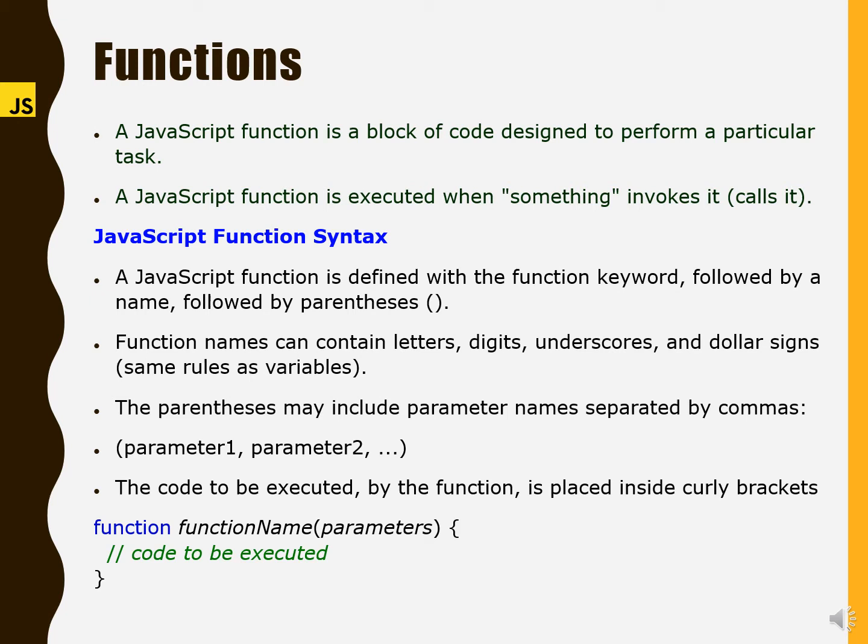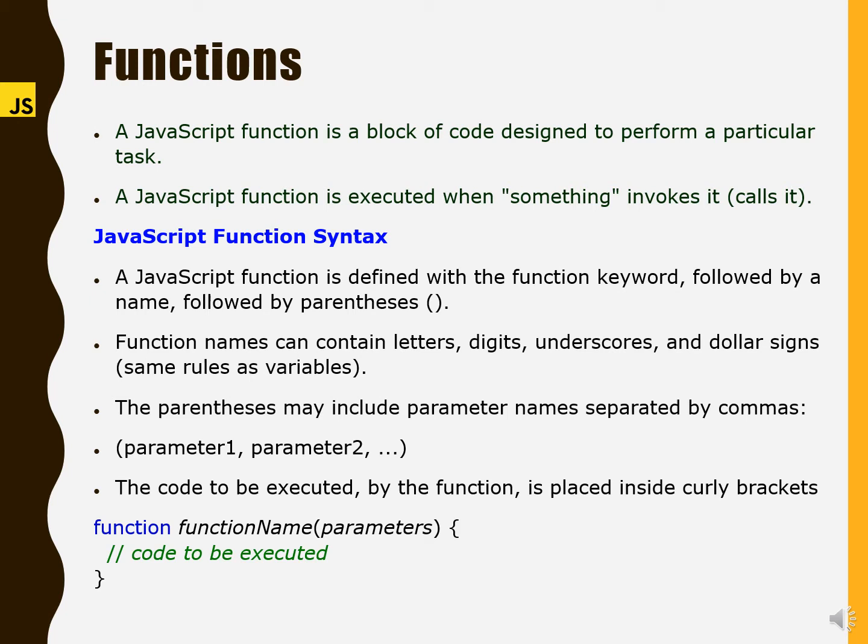Function name is an identifier which follows all the rules of identifiers. Then comes the parentheses which include the parameters of the function. So function name can contain letters, digits, underscores and dollar signs. It will be the same rules as variables.